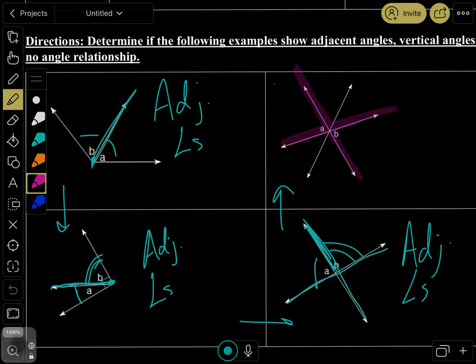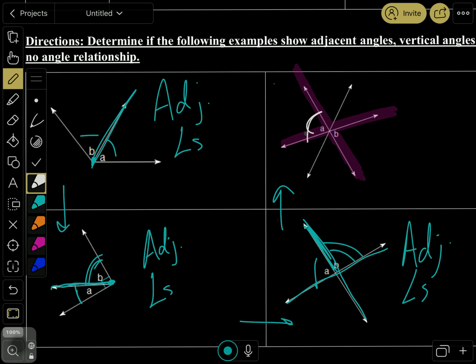Now that I have these two lines highlighted, we can see I have two intersecting lines, angle A and angle B are directly across from each other. This is an example of vertical angles. And we tend to not see this as much. However, you do need to be aware that we can see vertical angles with extra lines thrown in. So you need to sort of eliminate the unnecessary information.